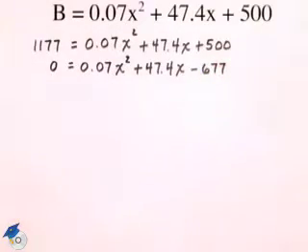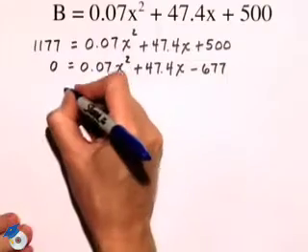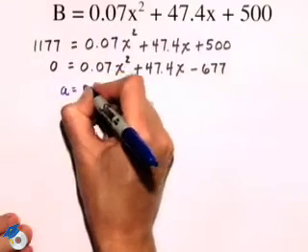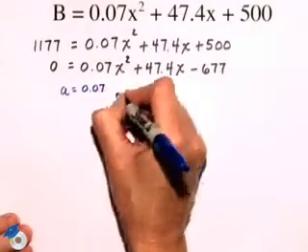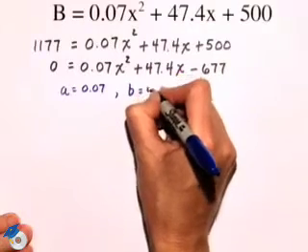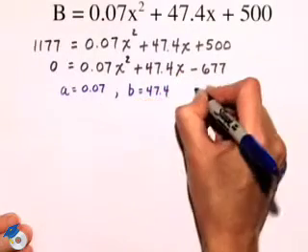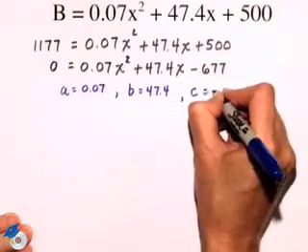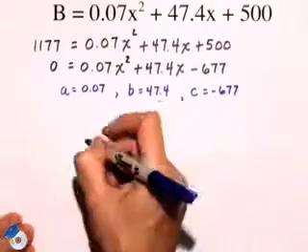And we can substitute right into the quadratic formula using for a 0.07, for b we'll use 47.4, and for c we'll use negative 677.